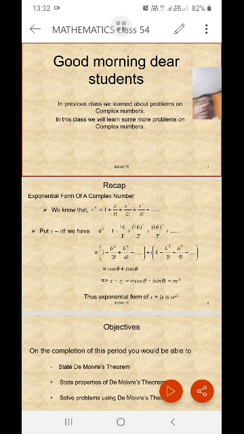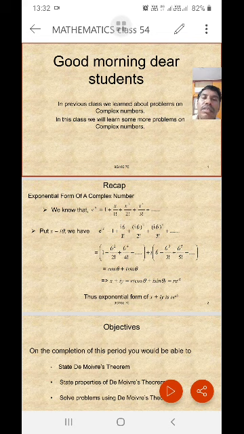So the simple formula is a power m by a power n equals a power m minus n if division is there. If multiplication is there, then we can write a power m into a power n equals a power m plus n. So if you remember these three things, first is De Moivre's statement, that is (cos theta plus i sin theta) all power n means cos n theta plus i sin n theta. If the power is minus n, then it becomes cos n theta minus i sin n theta. Very simple.